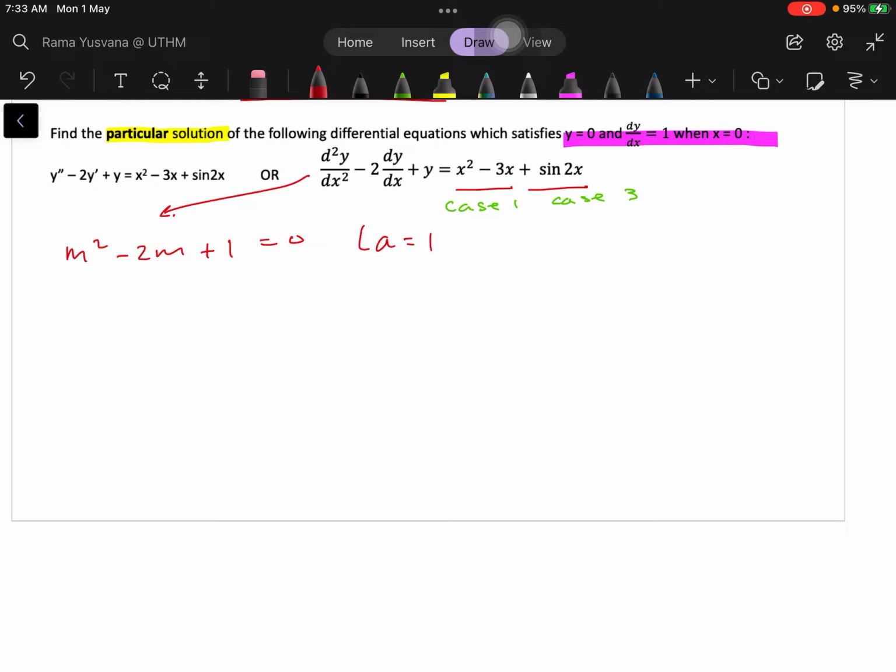We can check b squared minus 4ac, where b is minus 2 and c is 1. So in this case b squared minus 4ac equals 0.